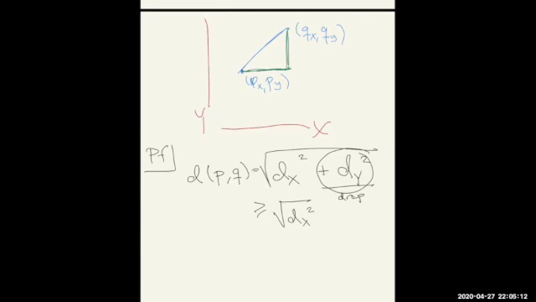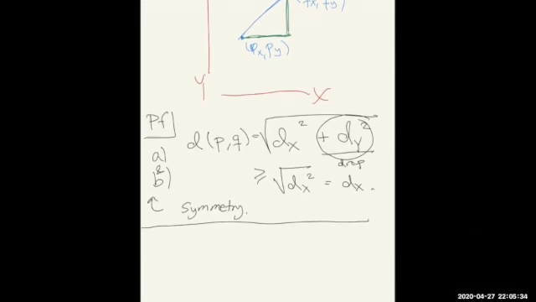Square root is an increasing function. Well, what is this? This is the absolute value of d_x, but d_x is positive. So this gives a and b, essentially. So for b, we argue by symmetry. Okay, so that's the x distance being less than that.